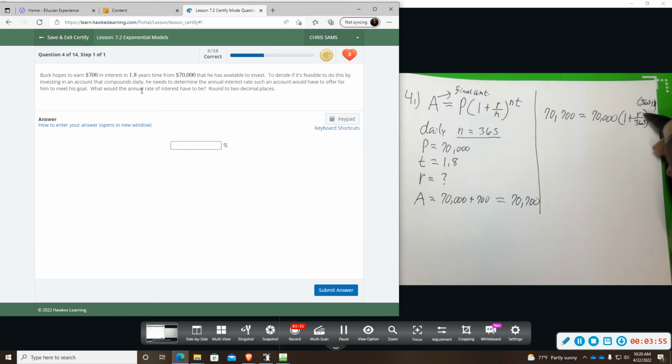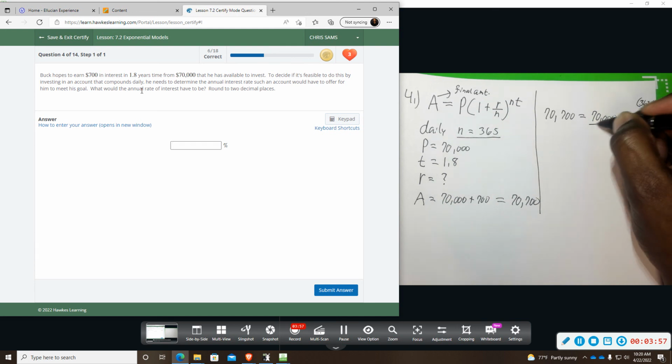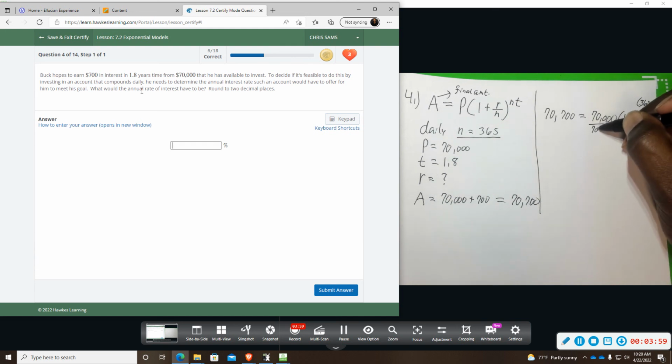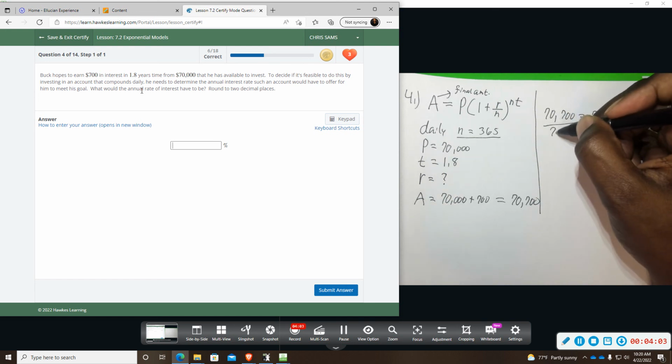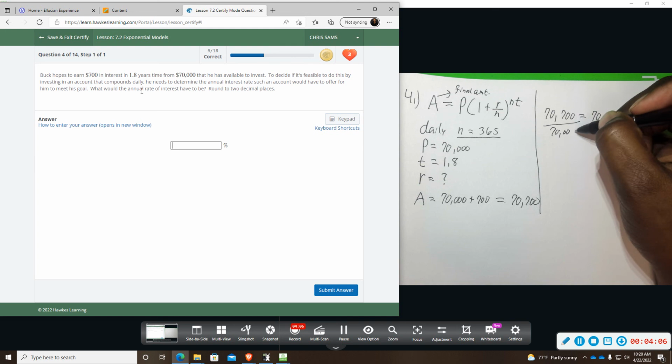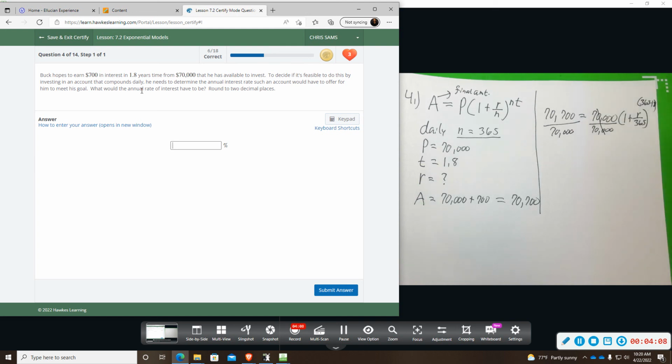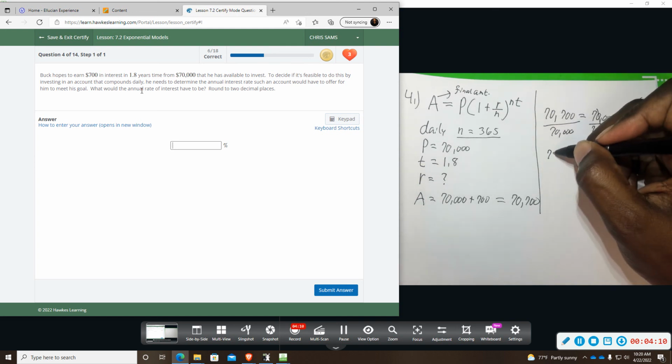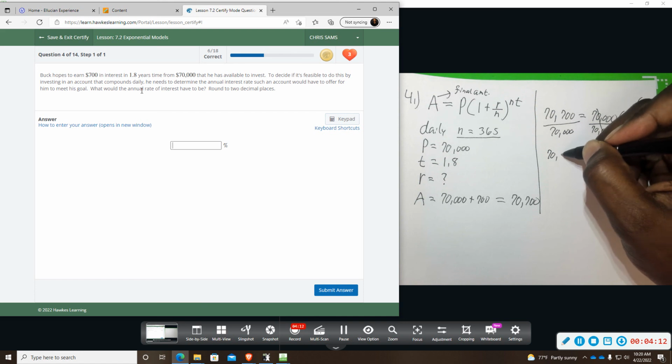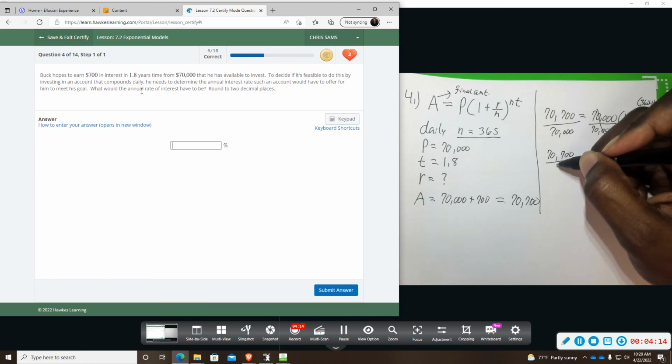So to solve this, to get r by itself, I'm going to divide by 70,000 first to get that away. And I'm not going to do any of the math until the end. So that goes away, and I'm left with 70,700 divided by 70,000.